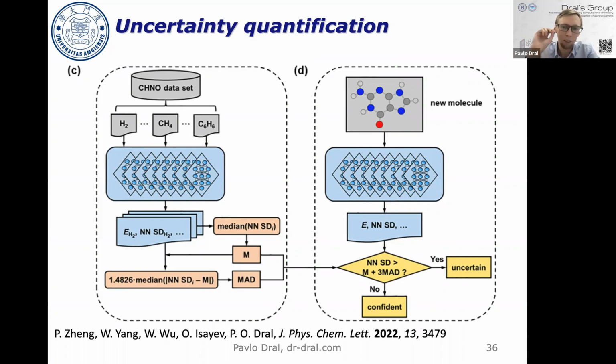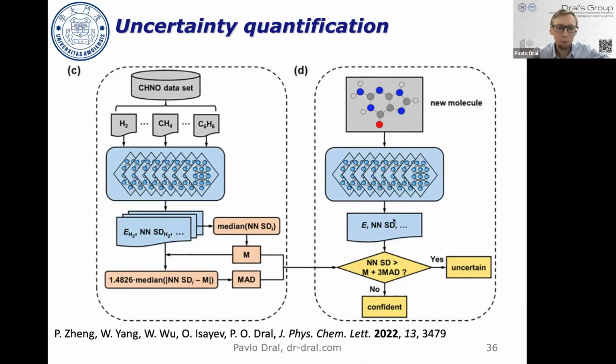Because if you get very different results with neural networks trained on the same data set, it means that we enter the region where the neural network doesn't know what it does, right? So it's not very confident. And obviously we cannot predict what the error will be, but we know that if the deviation is too large, then we cannot trust calculations anymore, right?